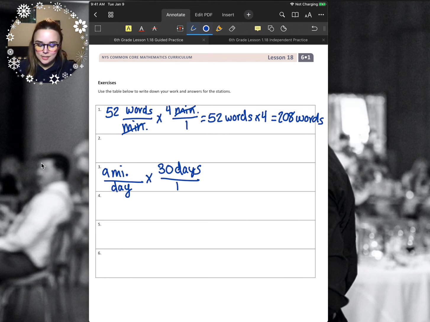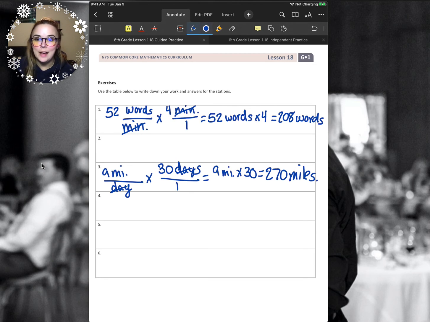So we're going to cross cancel our days to get rid of them. And we end up with, oops, not 90, 9 miles times 30. When we multiply that out, we get 270 miles.